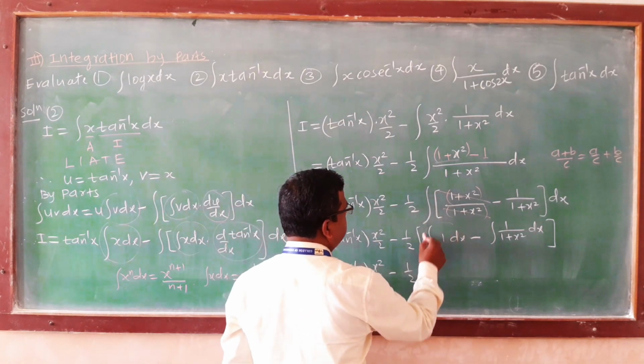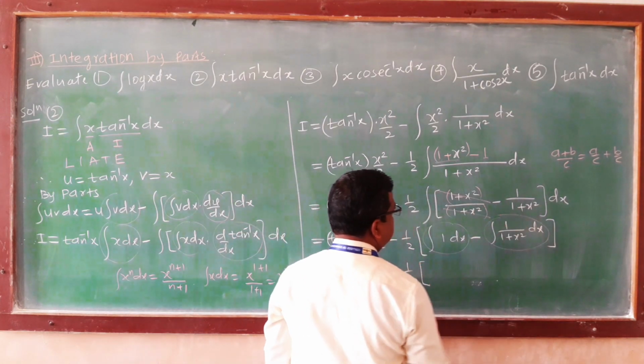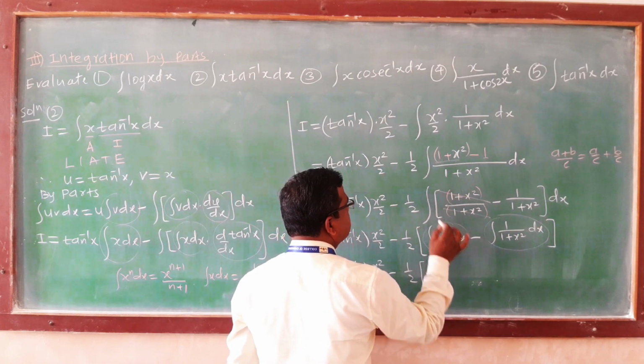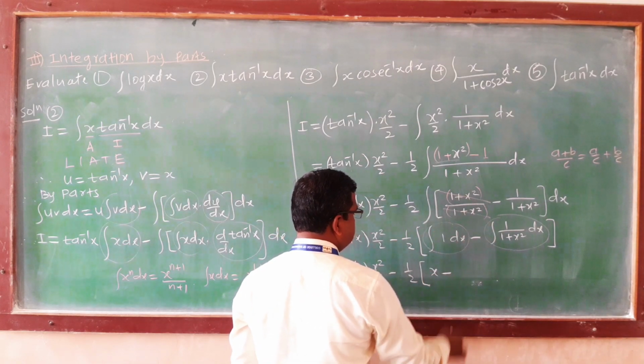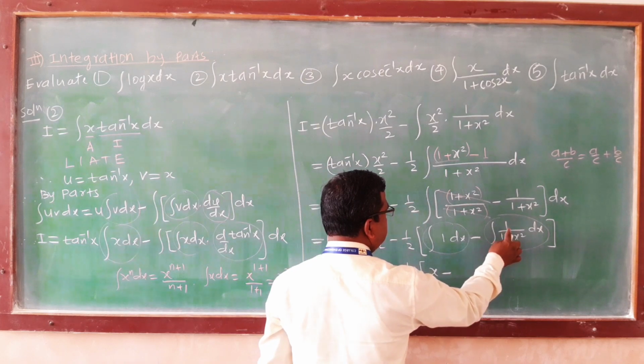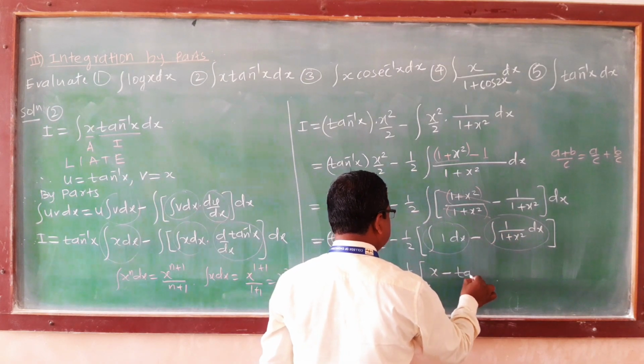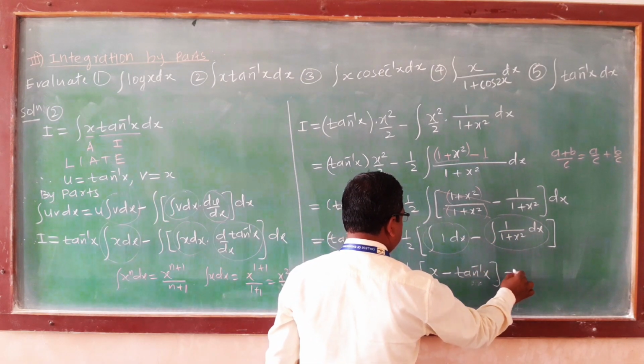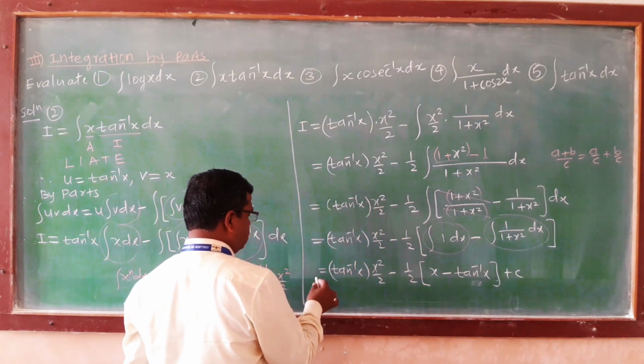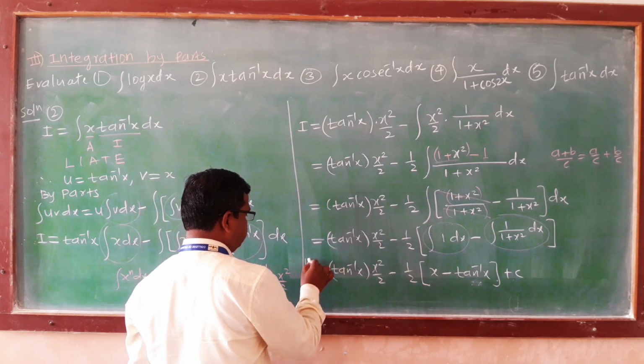This is a standard formula, integration of 1 and 1 upon 1 plus x square. Integration of 1 is x minus integration of 1 upon 1 plus x square, which is tan inverse x plus c. So this is the value of I.